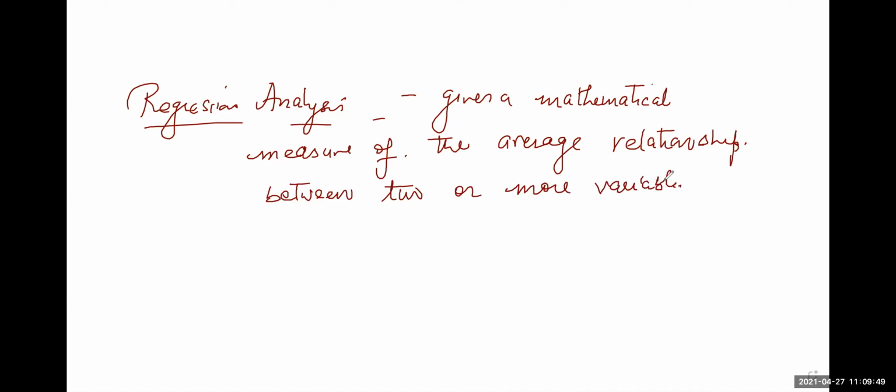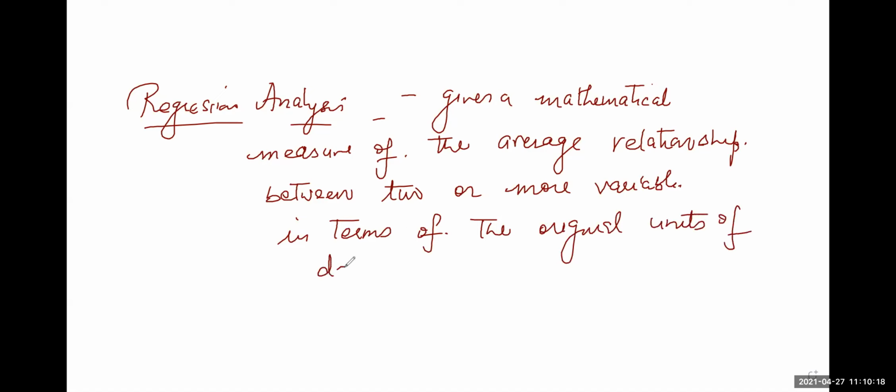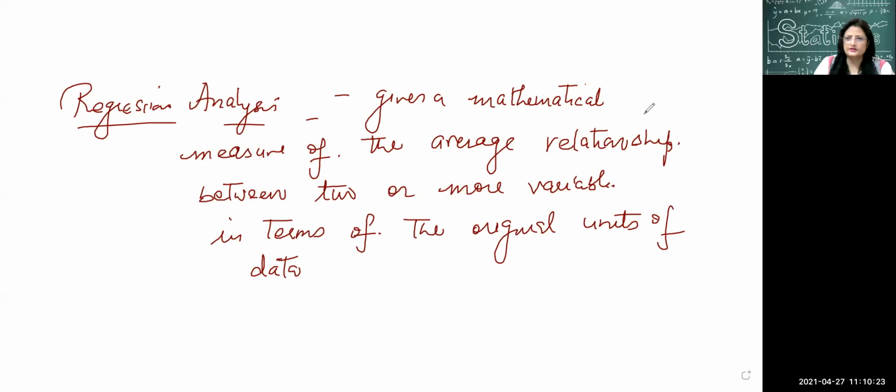So जैसे correlation analysis में क्या मिला हमें? Correlation analysis gives a mathematical measure to find the linear relationship between two variables. In the same way, regression analysis gives a mathematical measure of the average relationship between two or more variables, right? In terms of the original units of data.